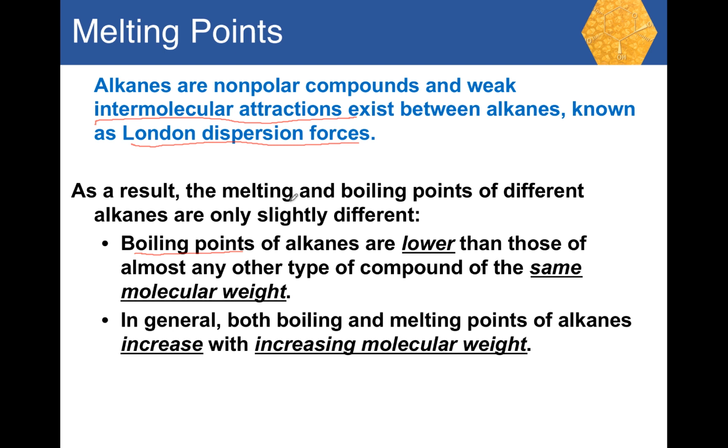So that's why the boiling points of alkanes are very low. As you know, a lot of them exist as a gas at room temperature. But of course, as the molecular weight of the hydrocarbon increases, so does the boiling point. So you'd expect methane to have a lower boiling point than propane, and propane to have a lower boiling point than a hydrocarbon that has 8 carbons, which is octane, for example.